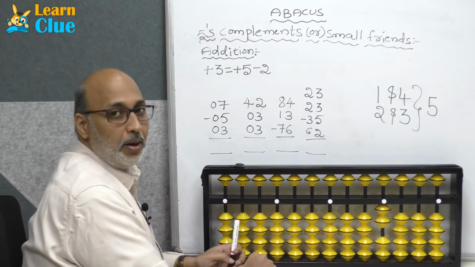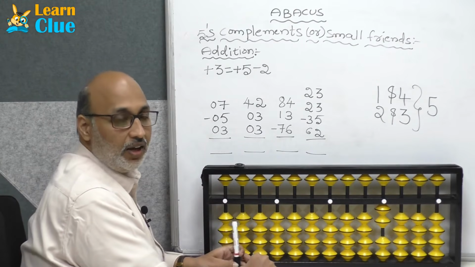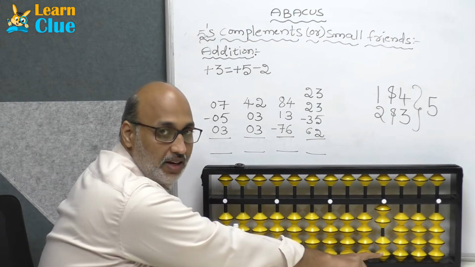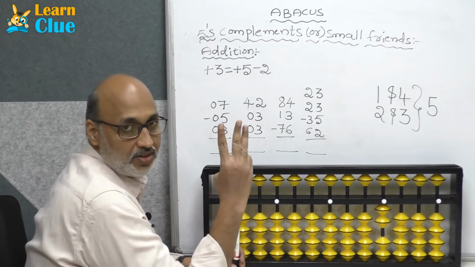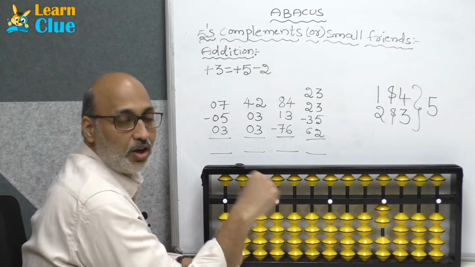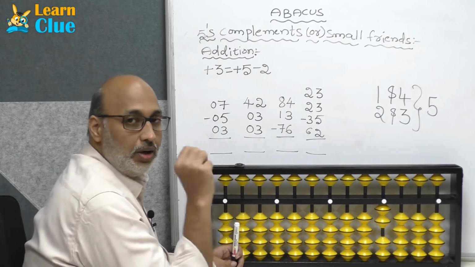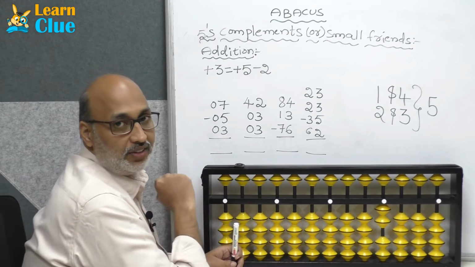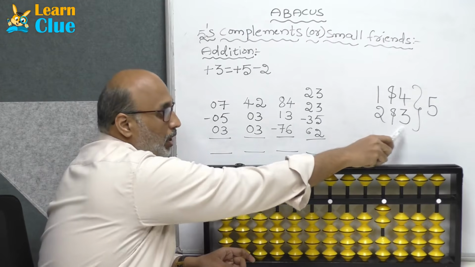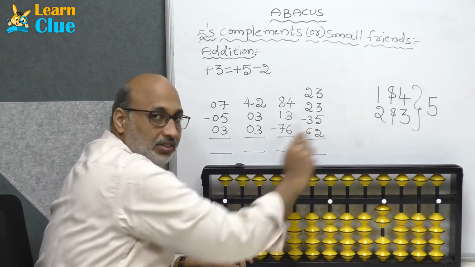Now they are asking plus 3. Do we have 3 beads over here? No. How many beads are there? 2. But we need 3 beads. So we are facing a problem in addition of 3. Now tell me, who is the friend of 3? Friend of 3 is 2. 2 and 3 are friends.